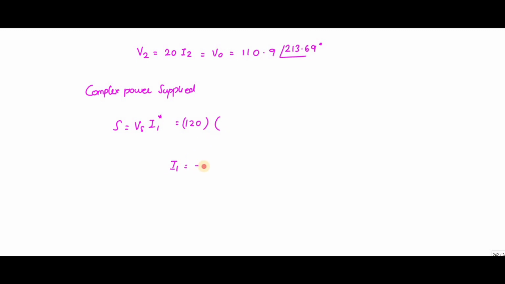I2 value we know, so this value is 11.09 at 33.69 degrees. Since it is a complex value, you have to take the conjugate, 11.09 at minus 33.69. If I multiply these two values, I will get 133.08 at minus 33.69 degrees in terms of volt-ampere.